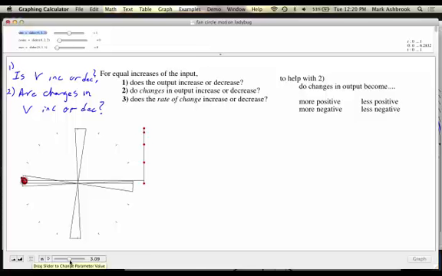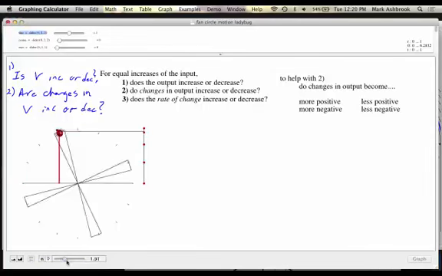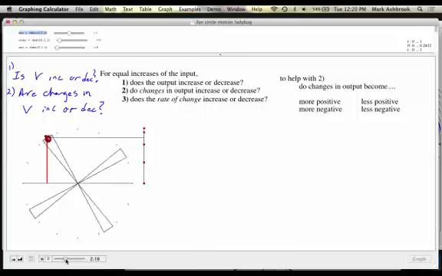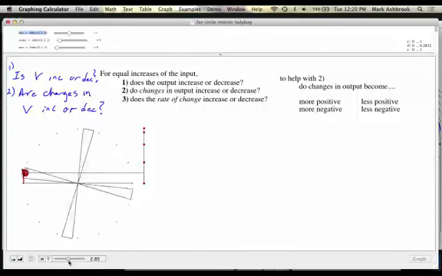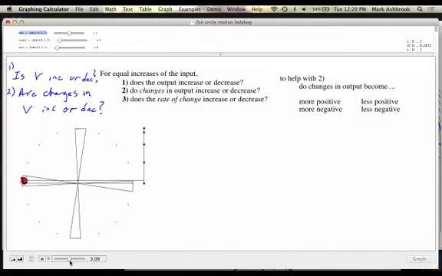I or D? D. This is that hard thing that we've worked on, and we'll just keep working on it. Decreasing, because the changes are negative, they're getting more negative. It's just like the opposite of what you think, because you see bigger changes, but they're bigger negative changes, so they're decreasing changes.